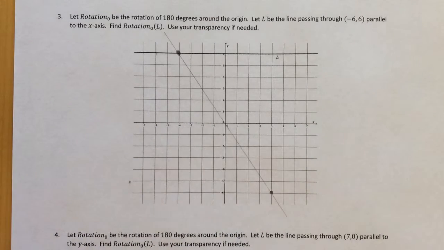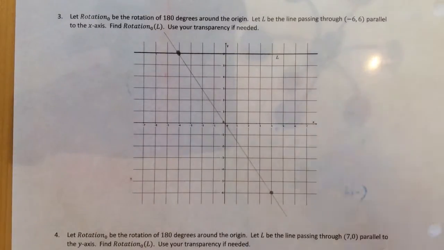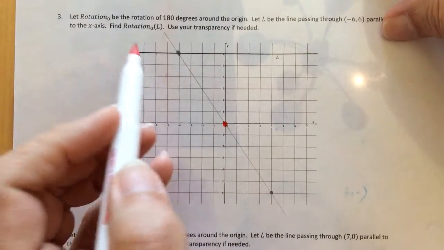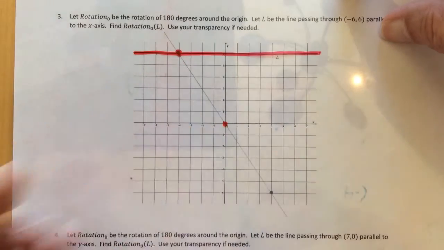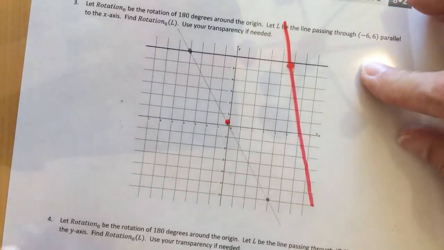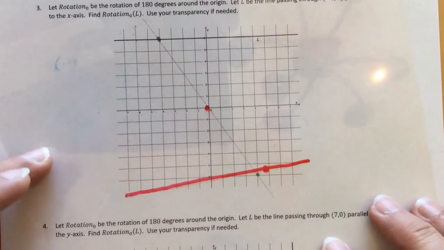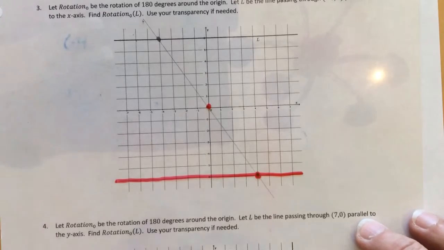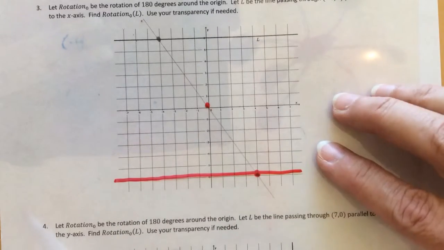But what I can do now is I can take my overhead, mark my center of rotation and my line, and I'll go ahead and mark that point too, and rotate about the origin. 180 degrees is when the image of that point matched with the original point, and there's my new line.